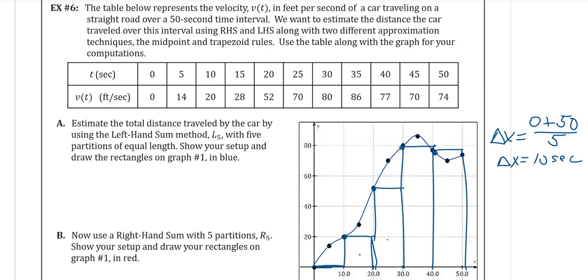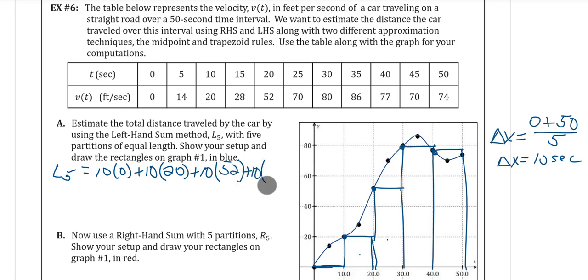Okay, so our left-hand sum with 5, that's a 5, not an S. I'm just going to write this as left L5. It is going to be our first rectangle, which is 10 times 0 plus 10 times, and I can get the values right from the table. At 10 seconds, I'm at 20. And at the next one, at 20 seconds, I'm at 52.